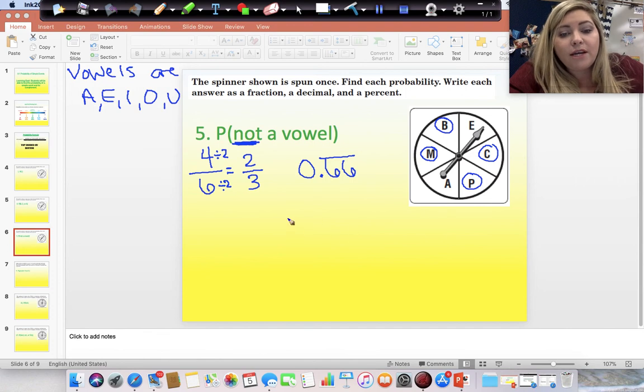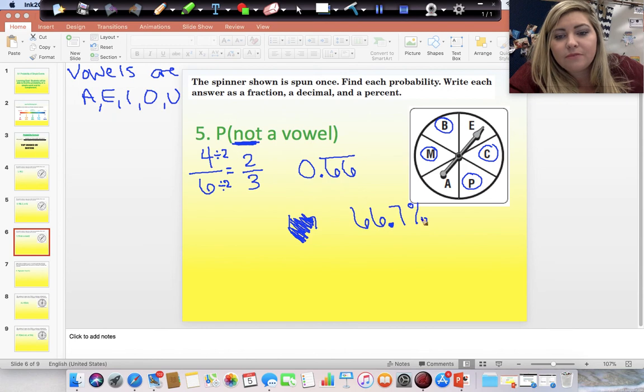And so to round it, it's going to be 66.7%. The eraser doesn't work well on these. That's why I have to be messy. I rounded it. Okay? 66.7% that it is not going to be a vowel.